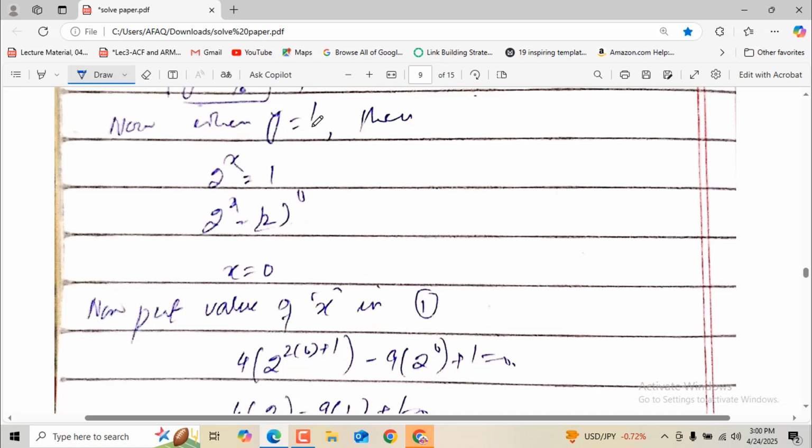A little bit of mistake there. When y is equal to 1, so 2 raised to power x is equal to 1, 2 raised to power x is equal to 2 raised to power 0. We know that any number which has power 0 is equal to 1. So base is the same on both sides, so x is equal to 0.